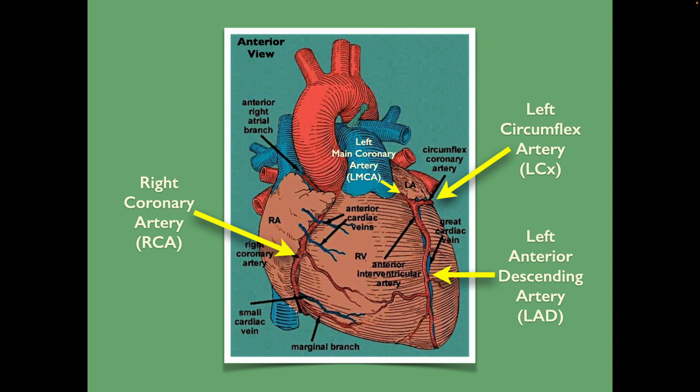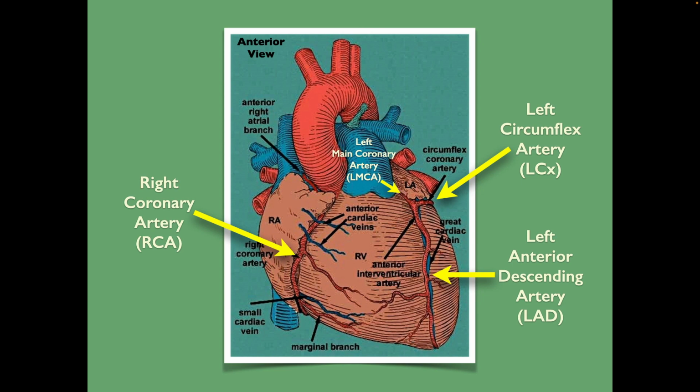The first one is the left main coronary artery. It's very, very short. It's barely there at all because it bifurcates almost immediately, okay? It comes out of the base of the aorta with the most oxygenated blood and comes right here, and then it bifurcates. So the left main is just a really small part.